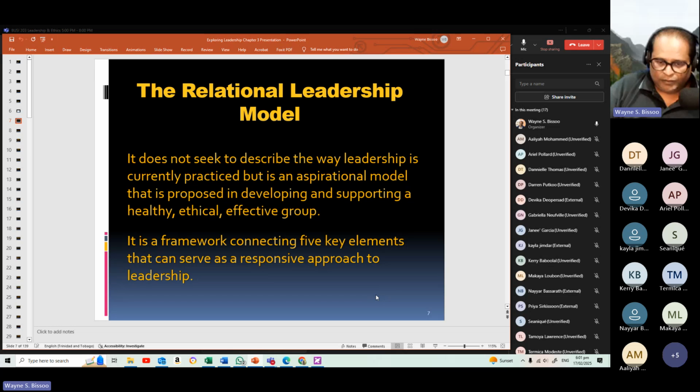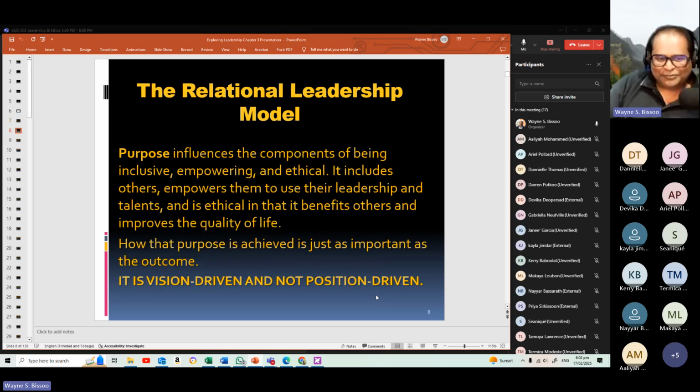I hope that you remember, when you get into those positions, some of the things we're going to be looking at here, and you bring it to your practice in leadership.